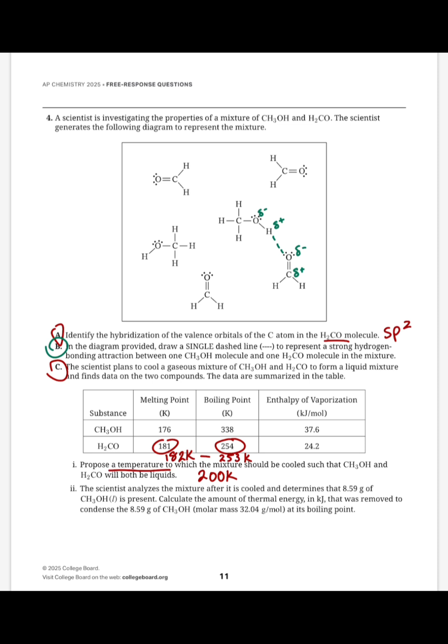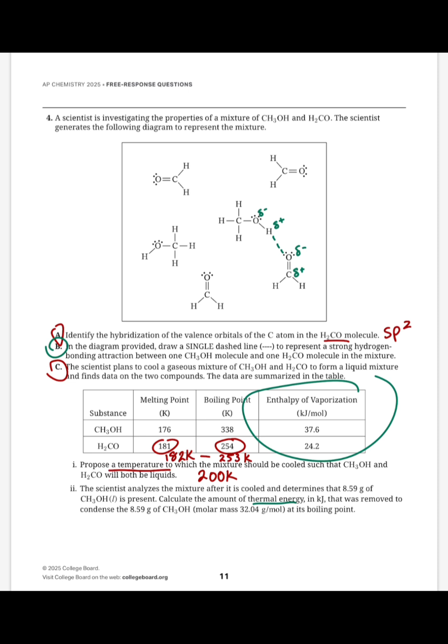So if we look at the data table that's presented to us, they give us the enthalpy of vaporization, which is going to be the energy required in order to force the liquid to become a vapor, to become a gas. And then so it's then asking us, well, how much thermal energy was removed in order to condense this.